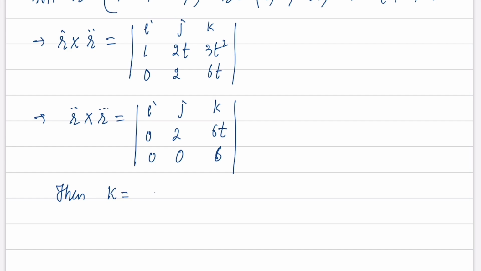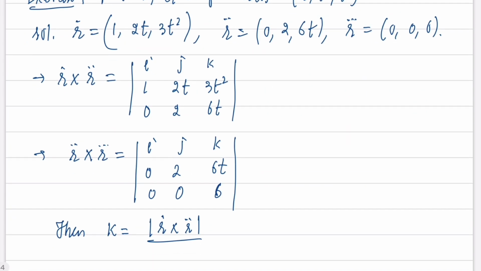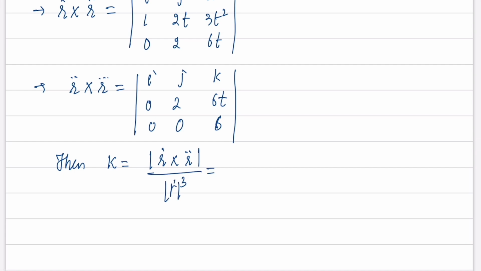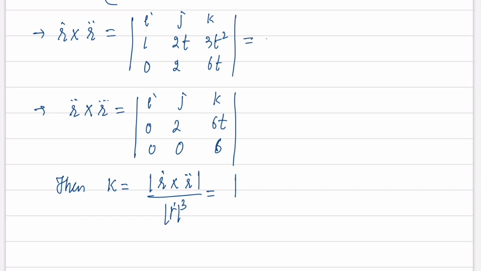The curvature is equal to the modulus of r dot cross r double dot divided by the modulus of r dot cubed, which finally becomes the modulus of 6t² i minus 6t j plus 2k.